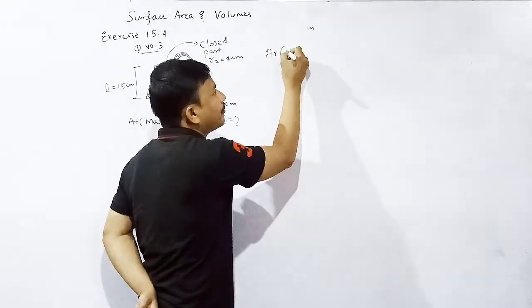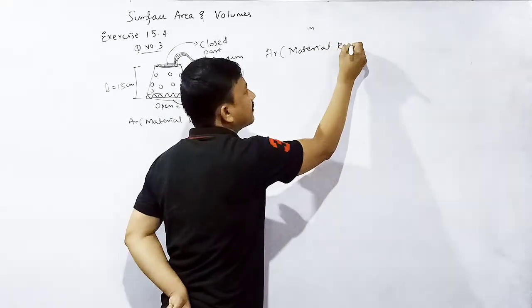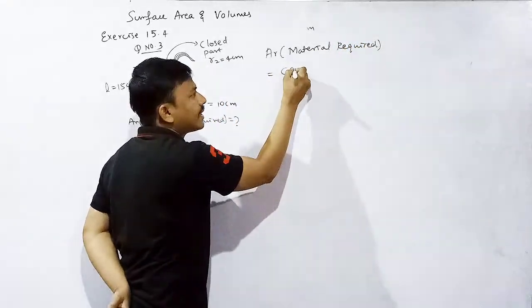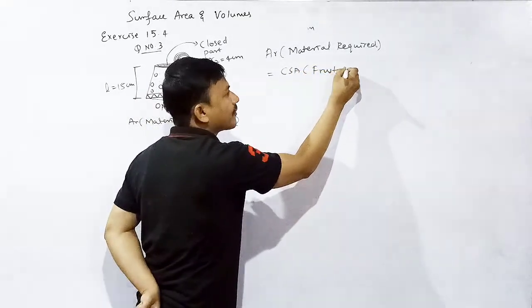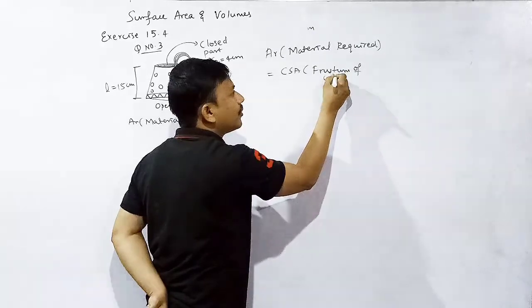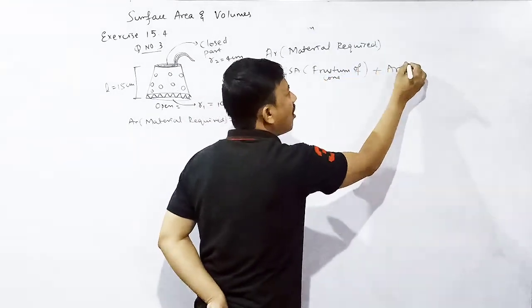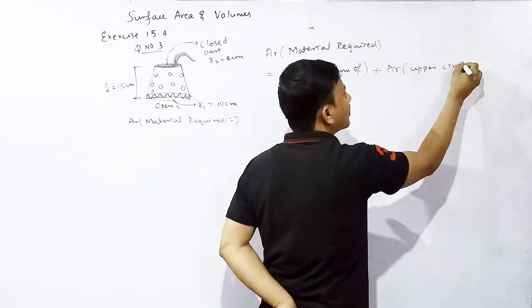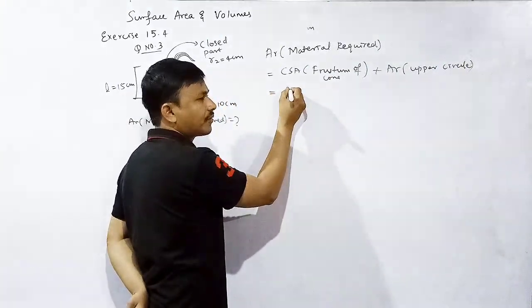Area of material required is equal to CSA of frustum of cone plus area of upper circle. Okay. This is equal to, what is the CSA of a frustum of a cone?